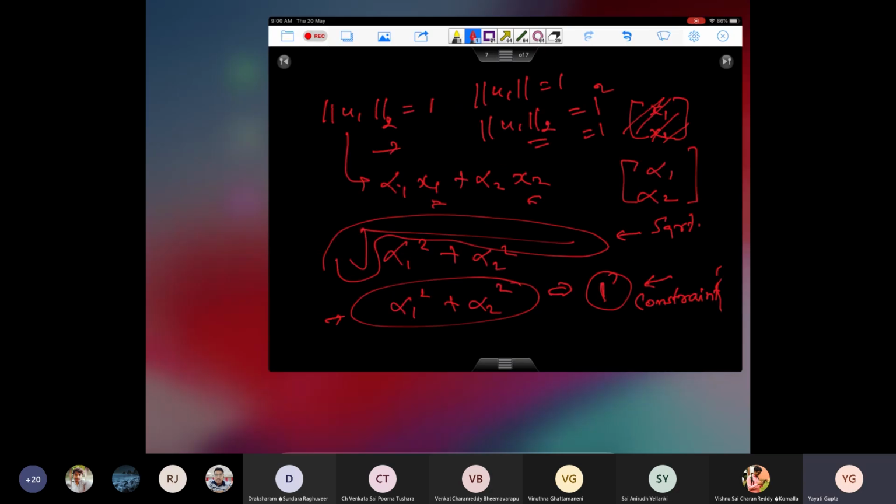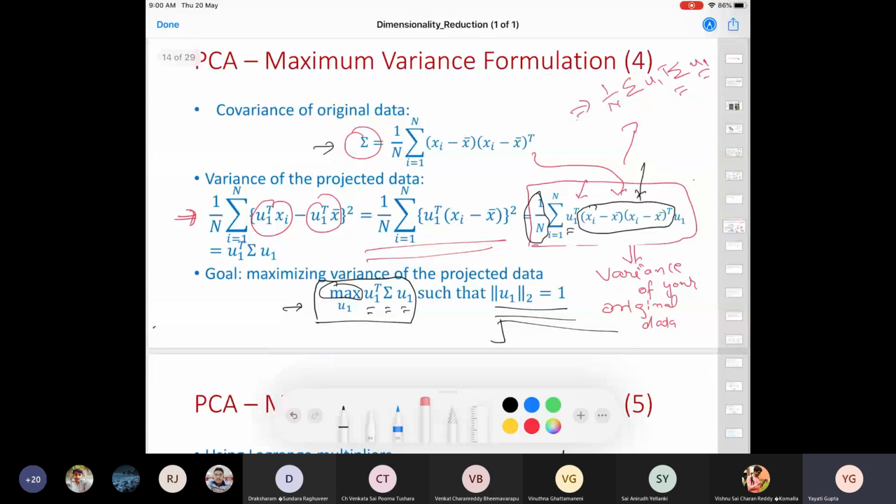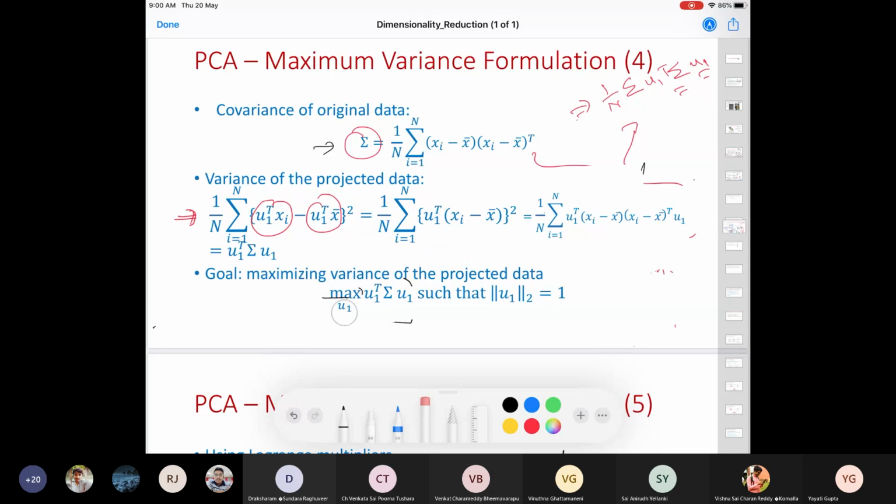Now look at this equation that we have at hand. We are trying to maximize this quantity.